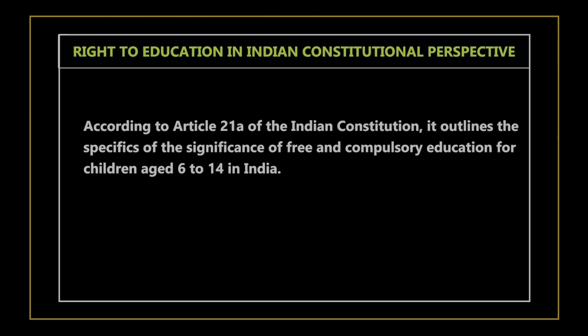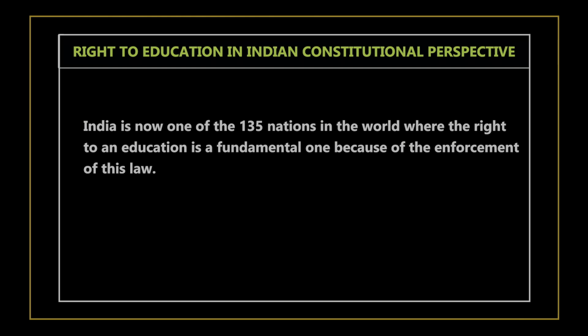According to Article 21 Clause A of the Indian Constitution, it outlines the specifics of the significance of free and compulsory education for children aged 6 to 14 in India. India is now one of the 135 nations in the world where the right to an education is a fundamental one because of the enforcement of this law.